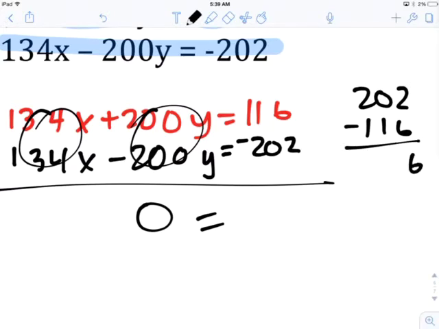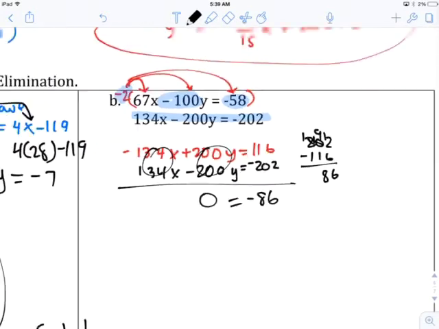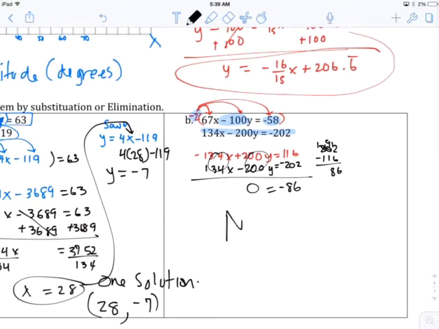Right? That became a 9 because it was a 10 you borrowed over here. That's 8. And you borrowed 1 here. That's 0. So it's a -86. So no solution. The lines are parallel. That means they'll never meet.